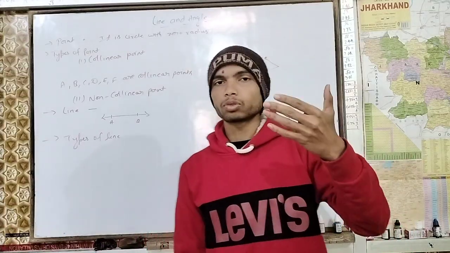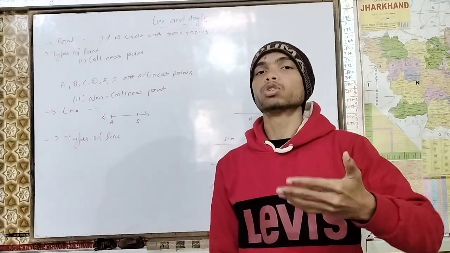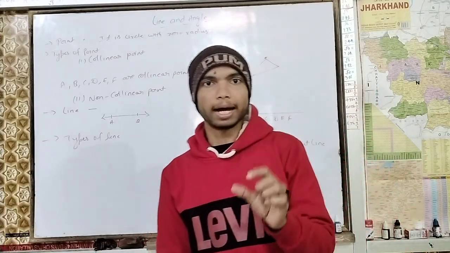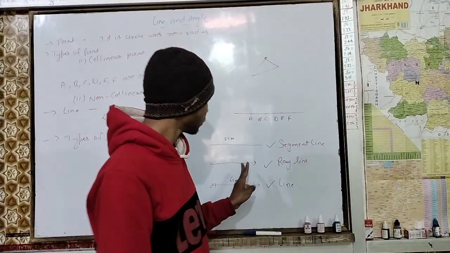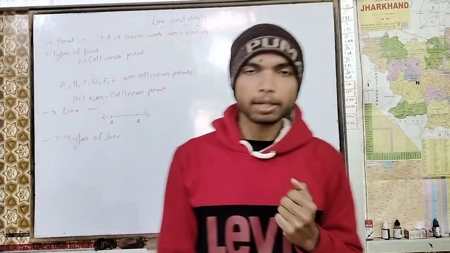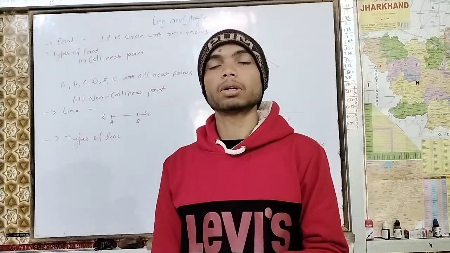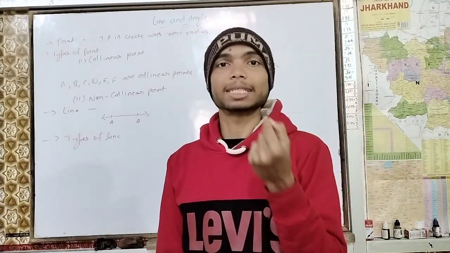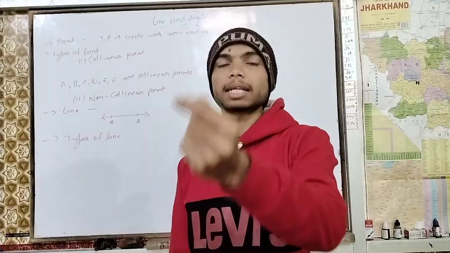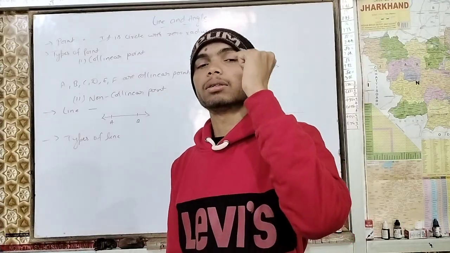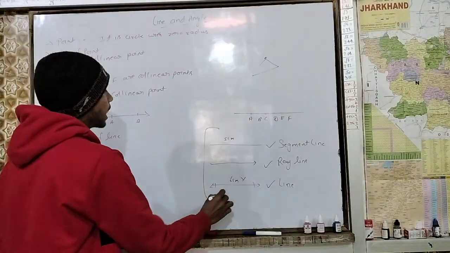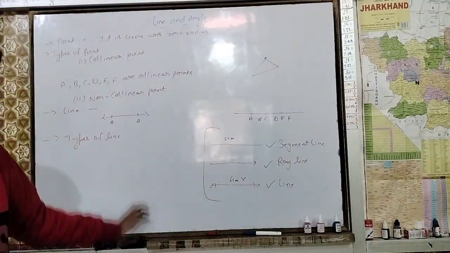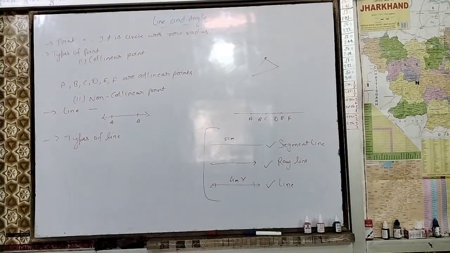A line whose both sides are ended will be our segment line. Another type of line: a line whose one side is a starting point and the other side has no end will be our ray line. These were the types of lines.